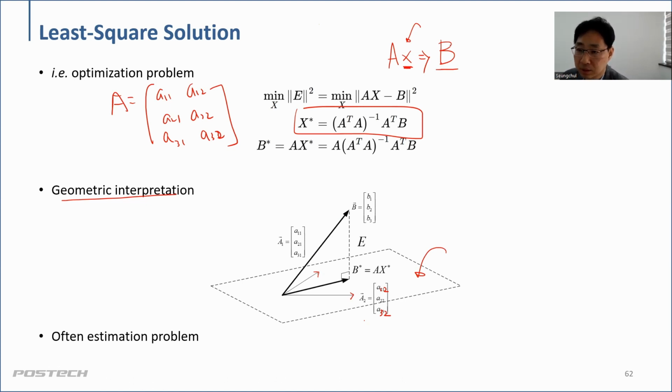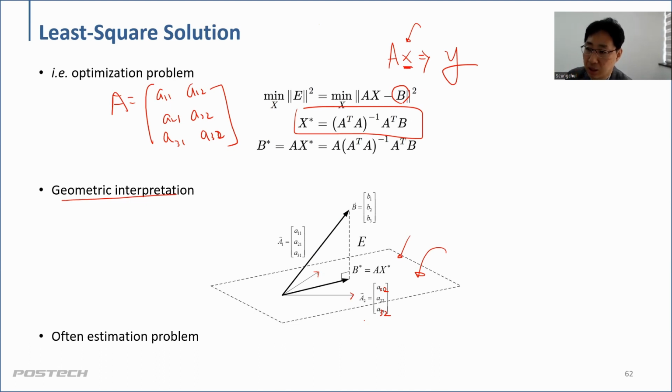I mean, not B, it's just like, say, Y. Suppose we have the B vector on top of this plane, then we can find the exact solution of Y or the exact solution of X.